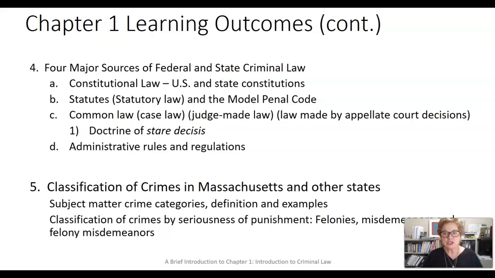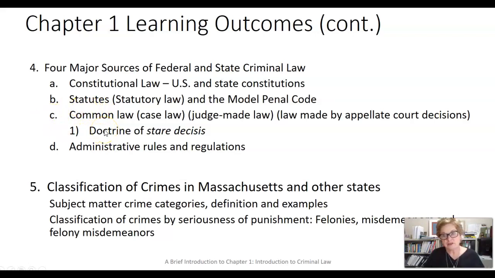That interpretation of what the statute means and how it works is determined by the judicial branch, and the judicial branch of government, both federal and state, makes law in the form of appellate court decisions interpreting and applying the statutes in criminal cases.